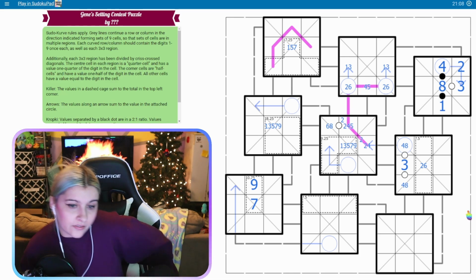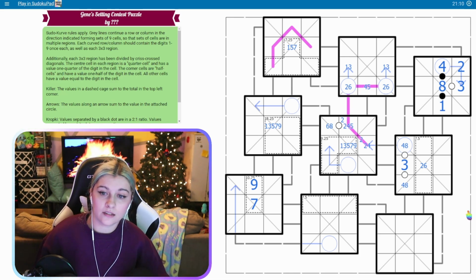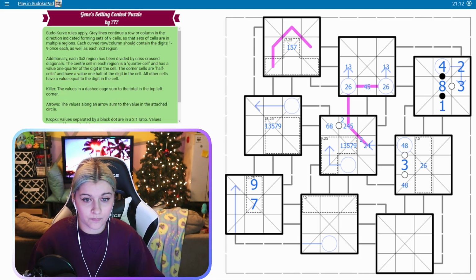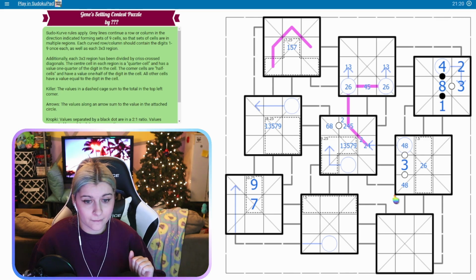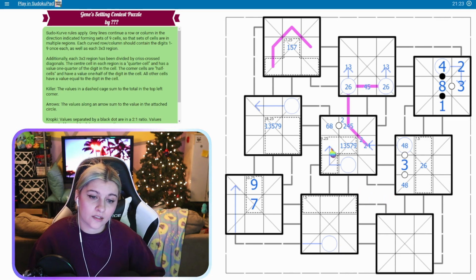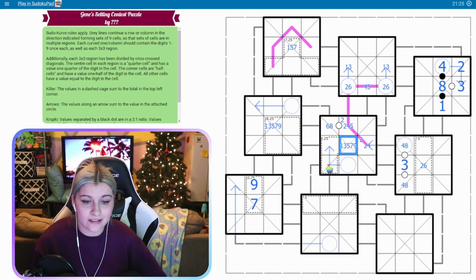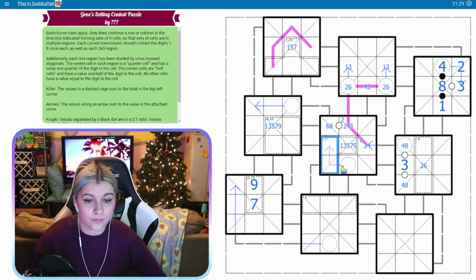Let's see. Are there other Kropke that I would want to look at? This I did. This I did. I also have this arrow. So these two numbers plus this sum to 9.25. And these two also equal this.